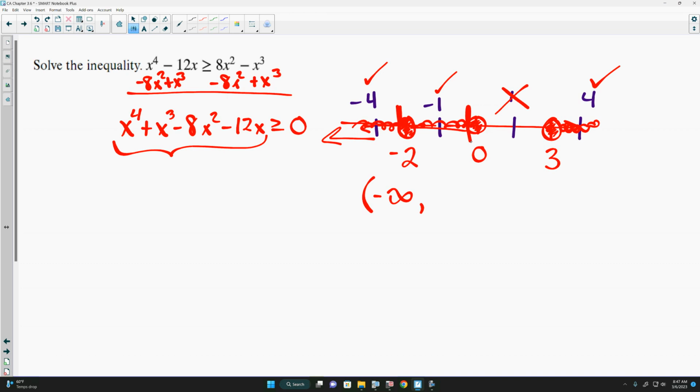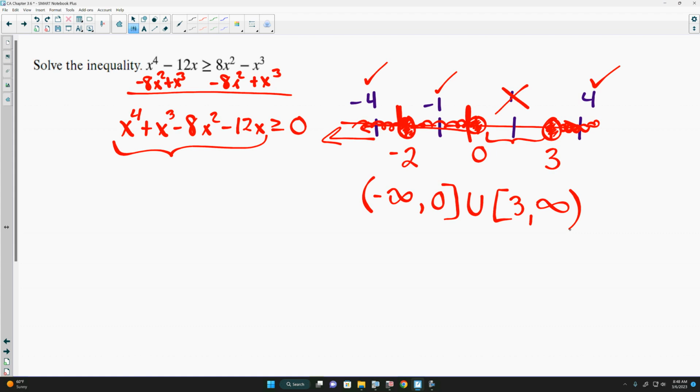So we also have everything between -2 and 0. So it'd actually just be -infinity to 0, bracket, because it's included. Union, because we have to do that because between 0 and 3 is not included. Bracket 3, comma, infinity.